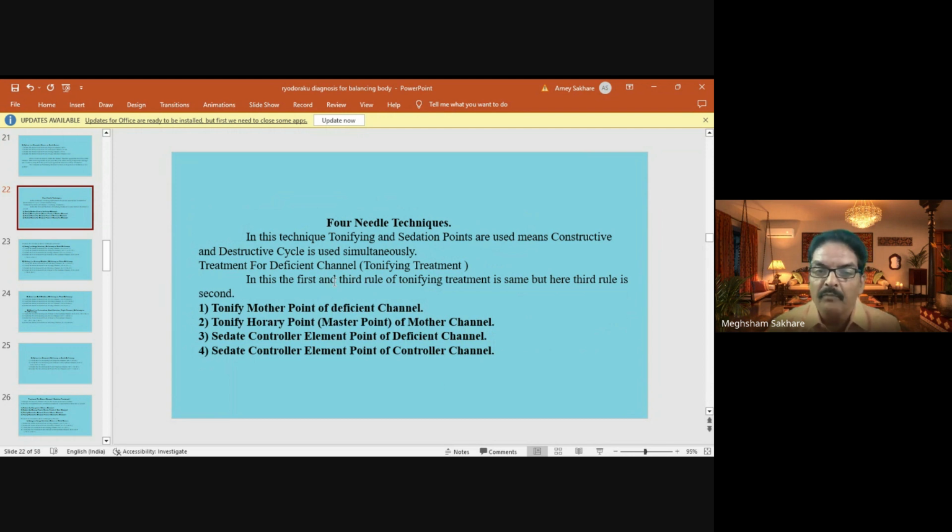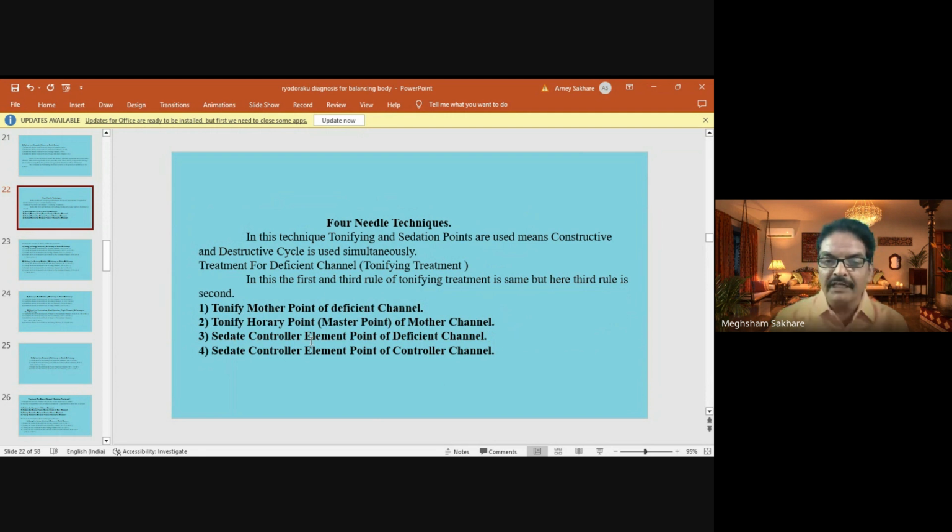In this, the first and third rule of the tonifying treatment is the same, but here the third rule is second. Tonify the mother point of the deficient channel. Tonify the horary point, a master point of the mother channel. First two are tonifying, second two are sedation points.